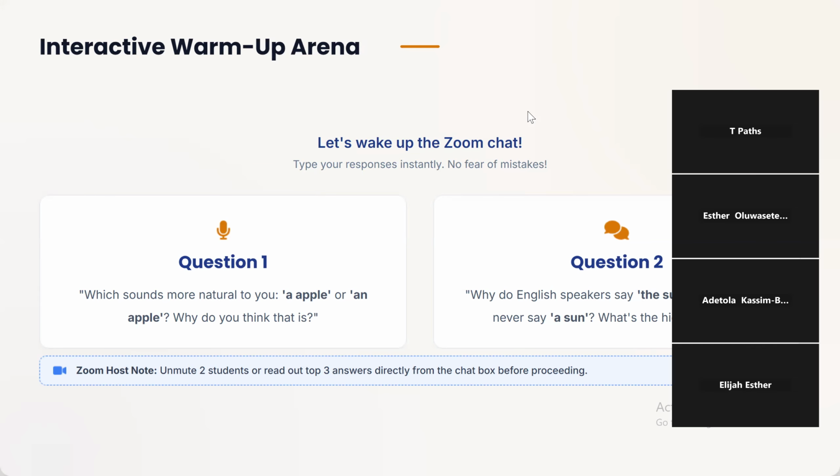So let's do this interactive warm-up activity. Which sounds more natural to you: a apple or an apple? Can you type it in the chat box?